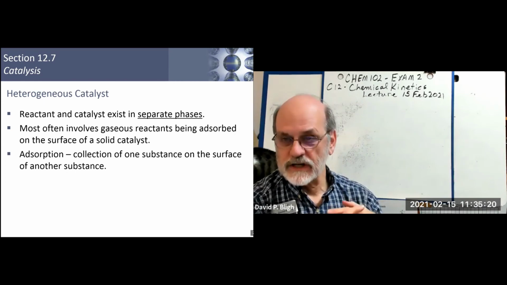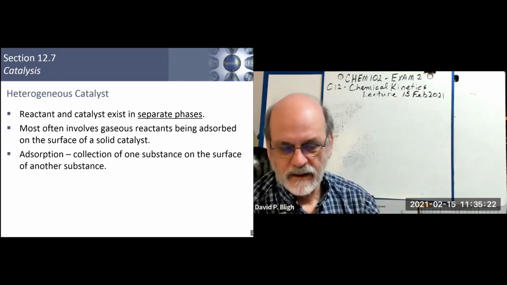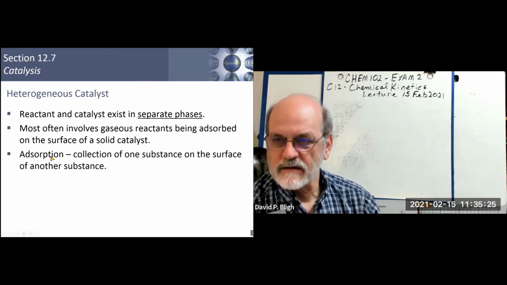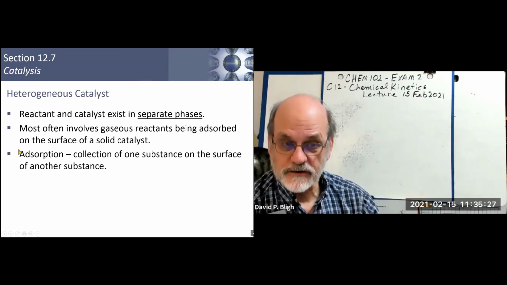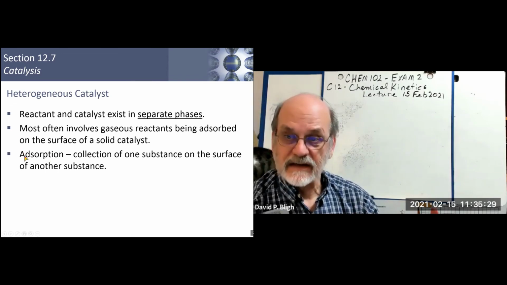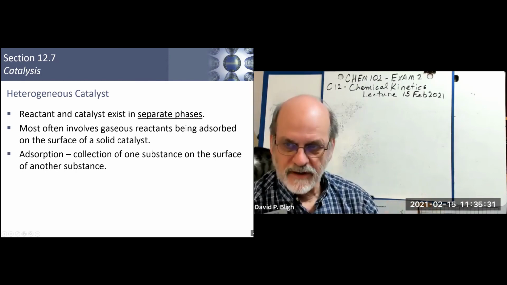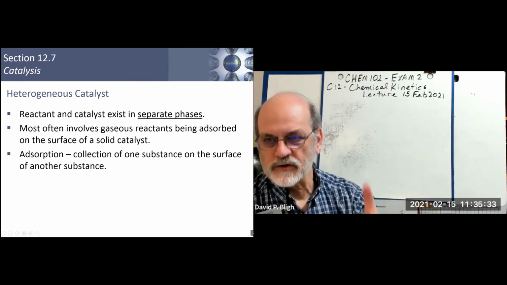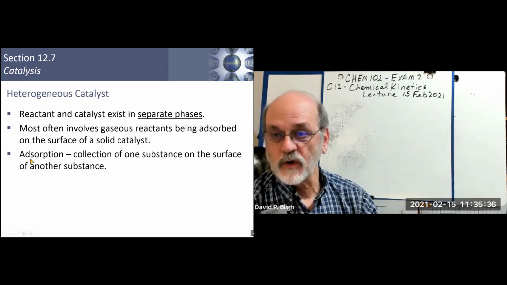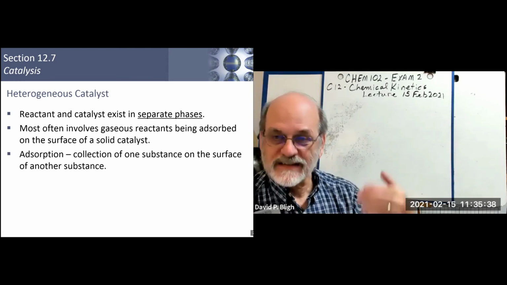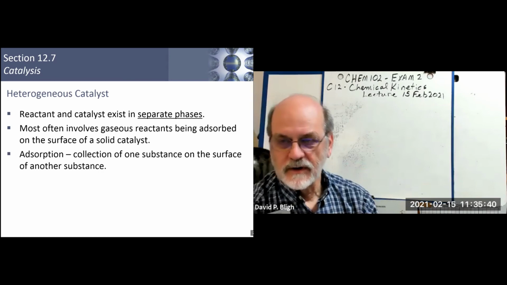So that's a heterogeneous catalyst. And this process where they attach to the surface is called adsorption, with a D. Adsorption, not absorption. Absorption is what a sponge does when it soaks up water. Adsorption is what these gases do when they attach temporarily to the surface of the solid.